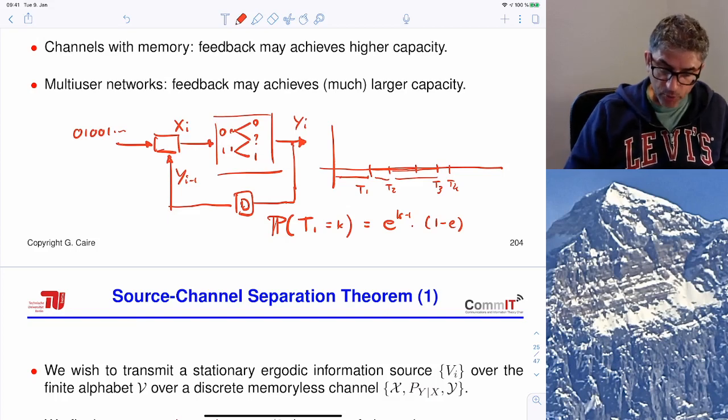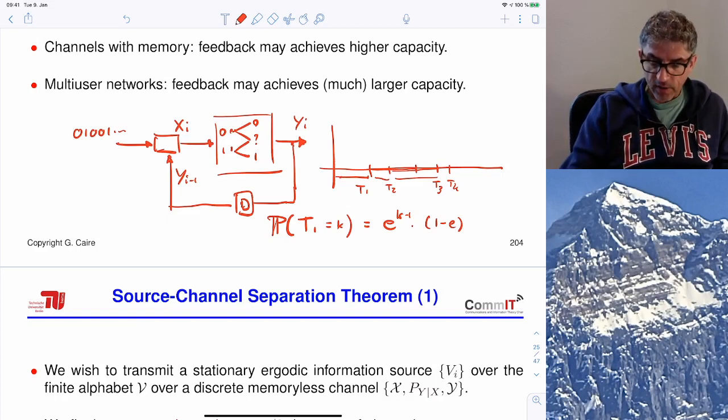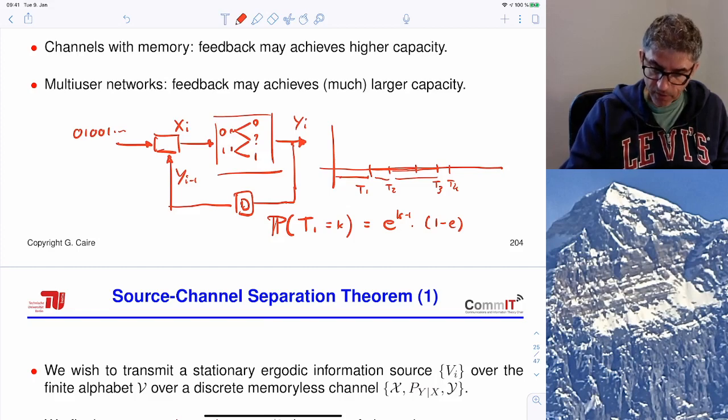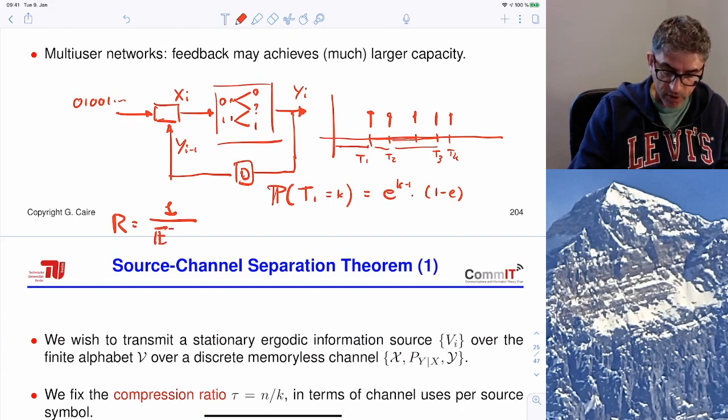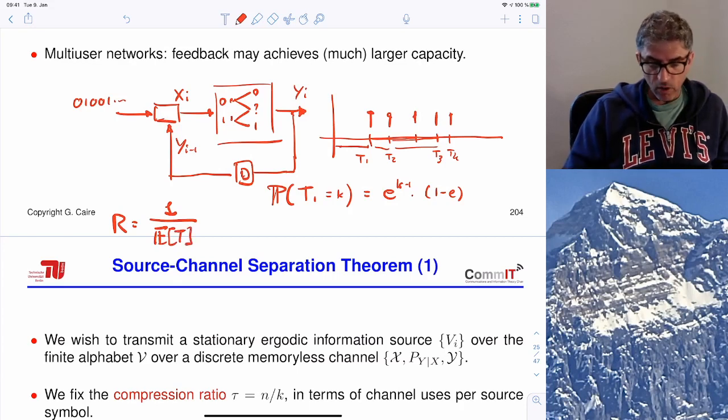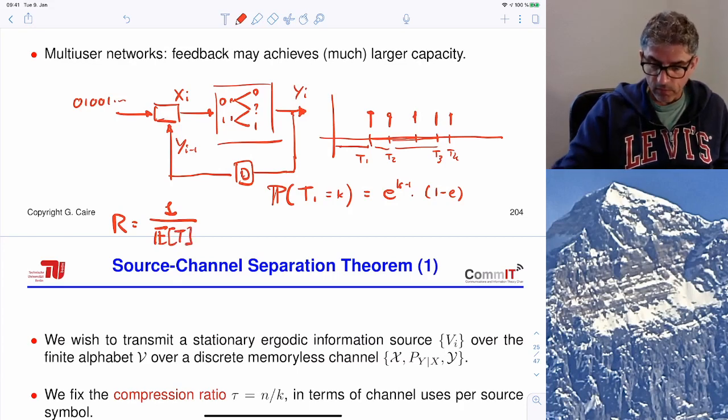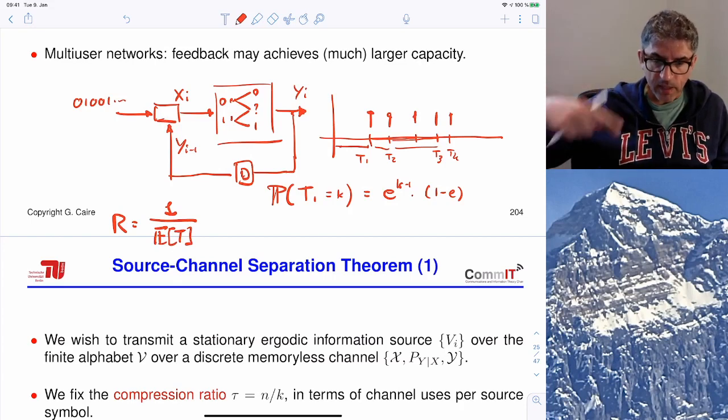So we can compute the average number of received bits per unit time simply by the renewal reward theorem. We get 1 bit at every occurrence of the recurrent event. So our rate will be the reward 1 divided by the average transmission time, the mean recurrence time.